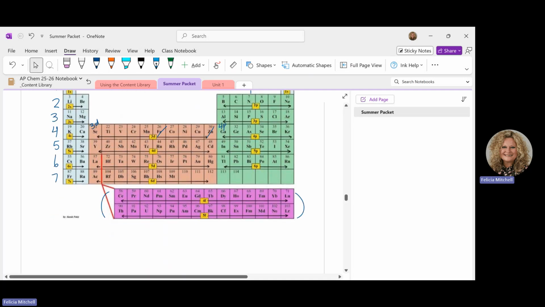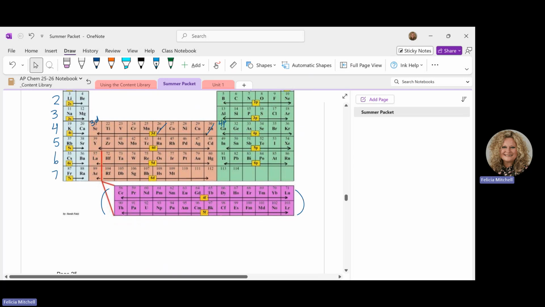If you're ever asked about Fs, which you would not be asked about on the AP exam, they go back 2 energy levels. So it goes 6s, and then you would do 5D. This comes from when you did your little coloring periodic table. The lanthanides, La, they're this first row down here at the bottom in this hot pink.